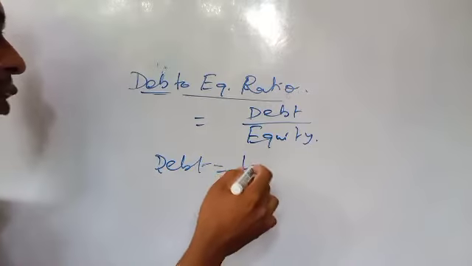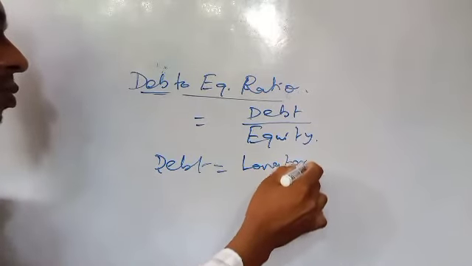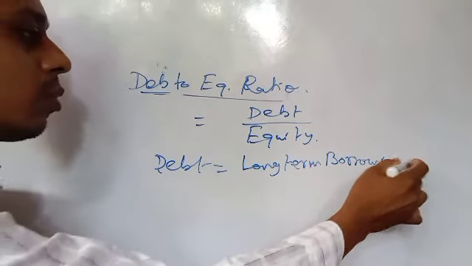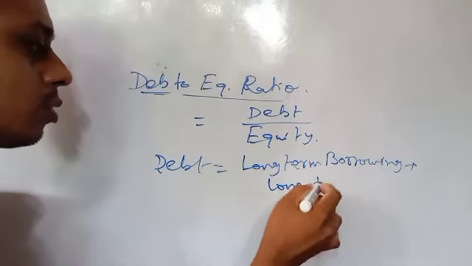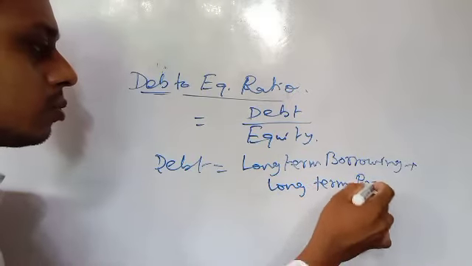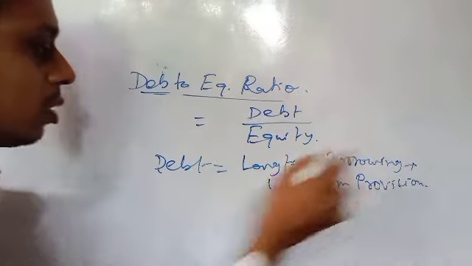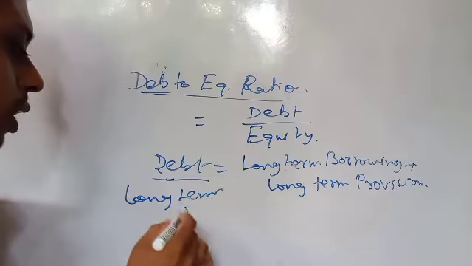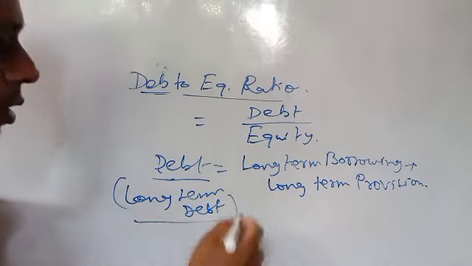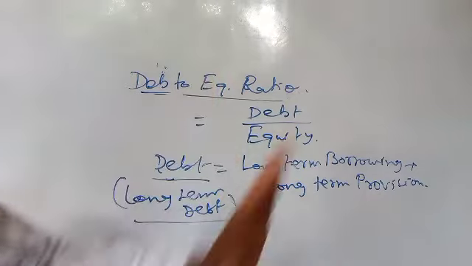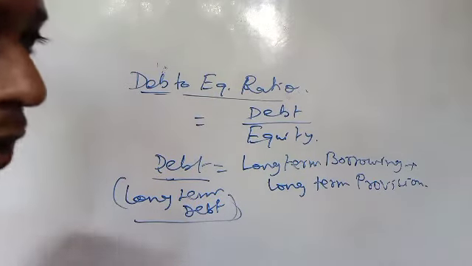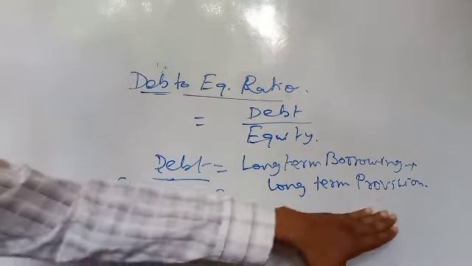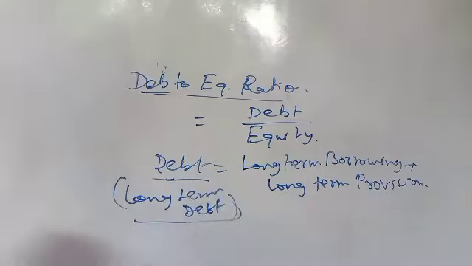Debt means your long term borrowing plus long term provision. This is the debt, and debt means only long term debt, not the total debt. Debt means the long term debt in case of debt to equity ratio, and equity means the shareholders fund, that is share capital, reserve, surplus, etc. Okay. Now if long term borrowing and long term provision are given, easily you can find debt.